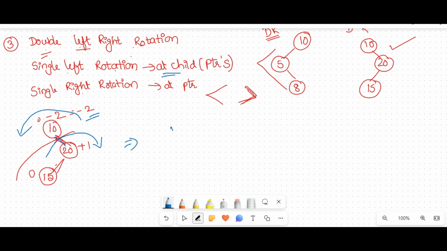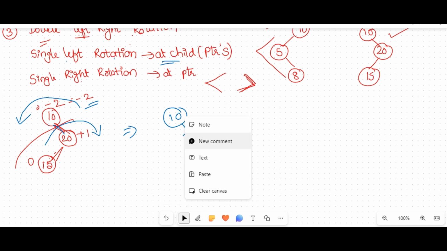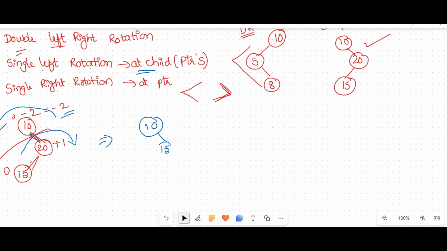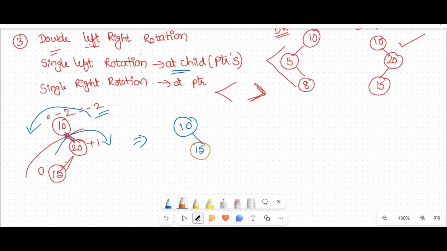Then 10, single left means here you will get 15, and here you will get 20. After that, single right rotation at the node PTR where the property failed. Then the tree is 15, 10, 20.